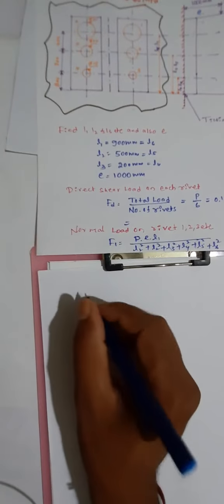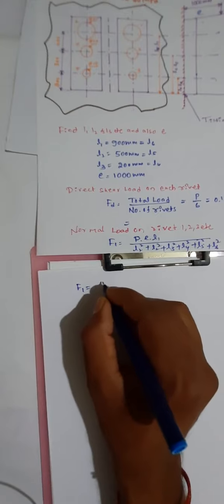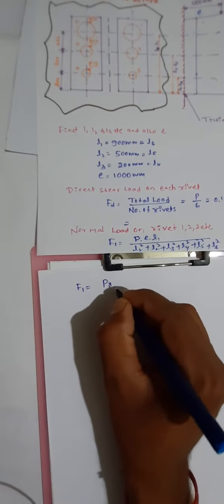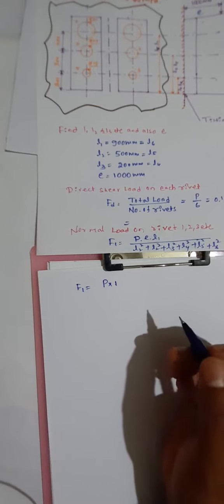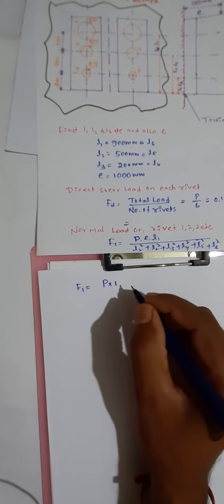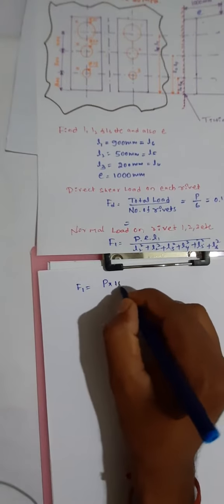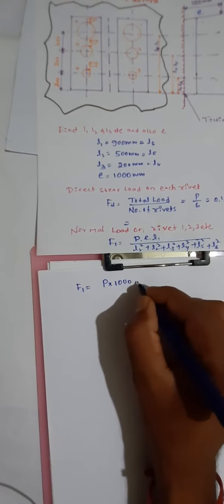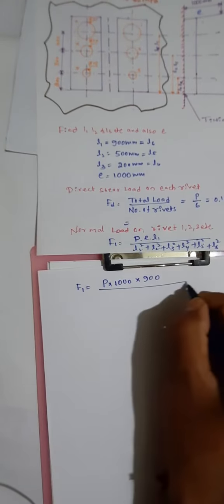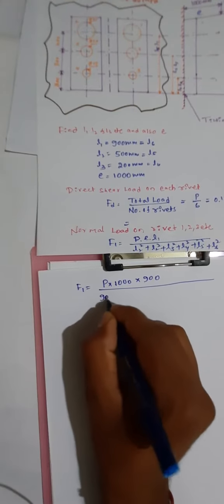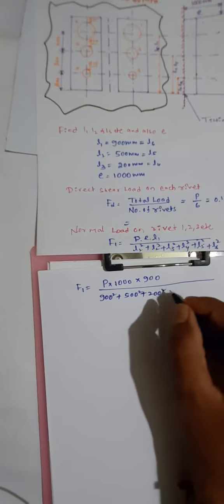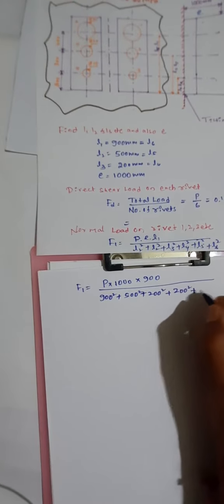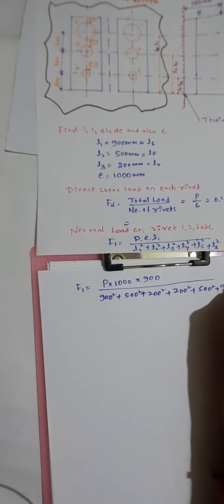If you substitute all the values into this equation, F1 is equal to P into 1000 into 900 divided by 900 square plus 500 square plus 200 square plus 200 square, L4 plus L5 is equal to 500 square, plus L6 is equal to 900 square.